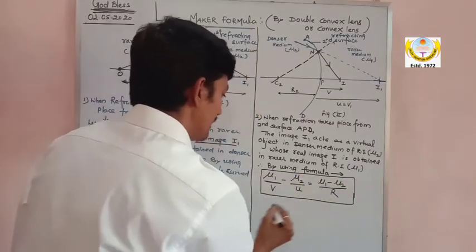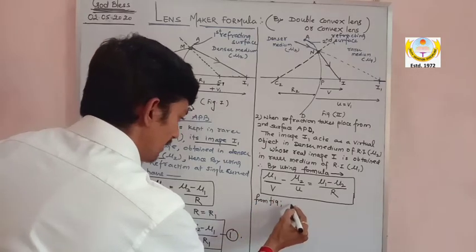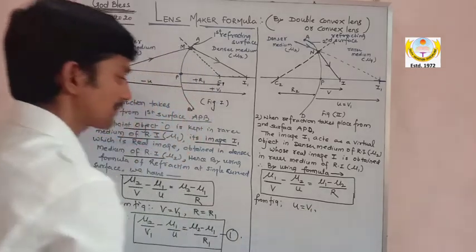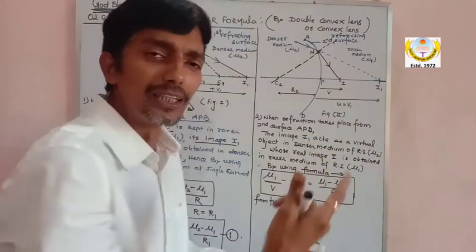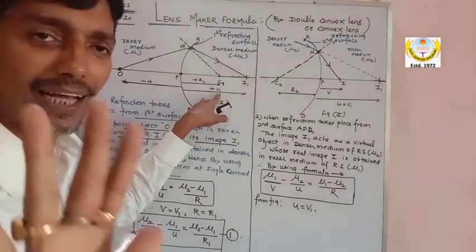But my dear, you can see from the figure, here U is equal to V1. You can see why U is V1. Sir, earlier the image was obtained at a distance of V1.